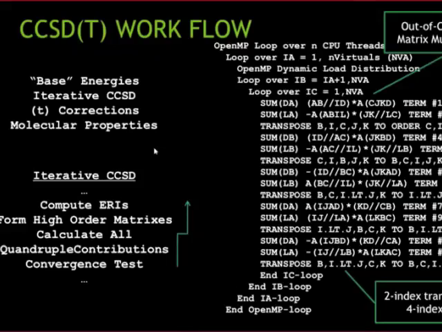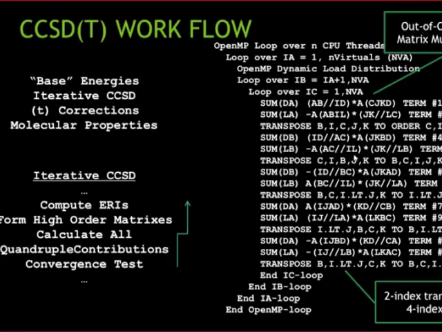When you do a higher order theory calculation like CCSD(T), we have to go through the first steps as before. But now the CCSD(T) consists of an iterative CCSD, which I already indicated is not performing well at this moment.